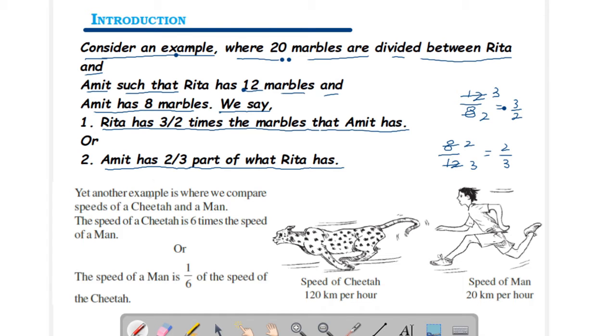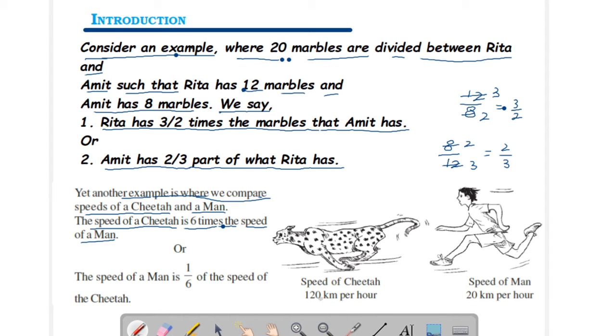Now come to another example. Take another example where we compare the speed of a cheetah and a man. Here the speed of the cheetah is 6 times the speed of the man. How will you get this 6 times?